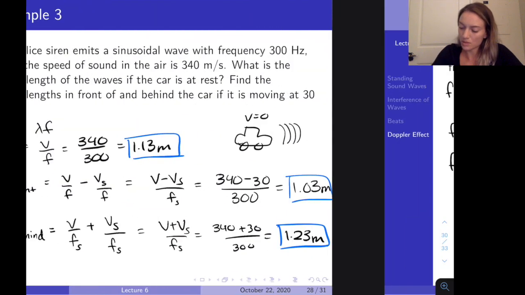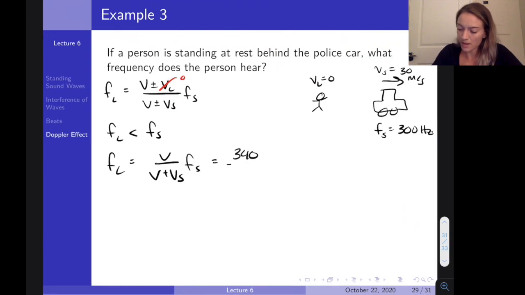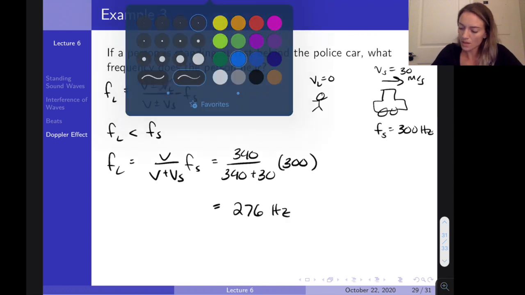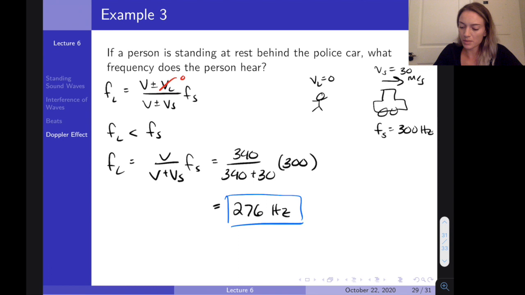They said this was 340 divided by 340 plus 30 times the frequency, which is 300, and this gives us 276 hertz. So this is what we expect. The frequency that the listener hears is less than the frequency that the source is outputting, so that makes sense.